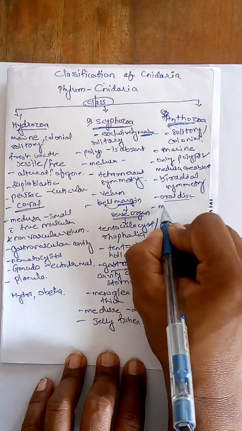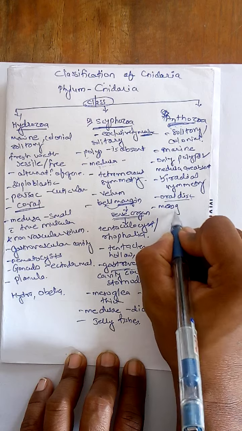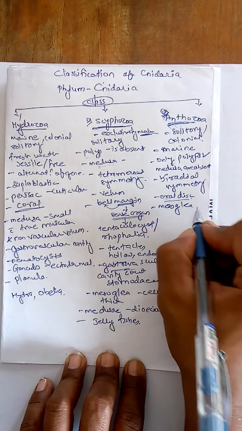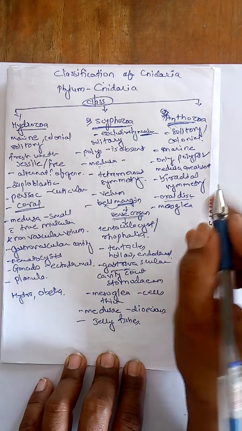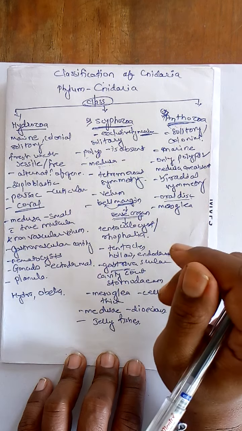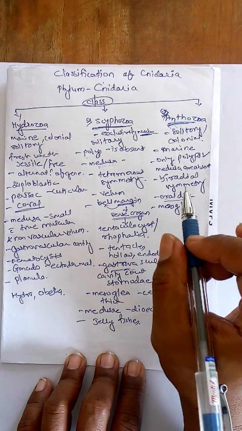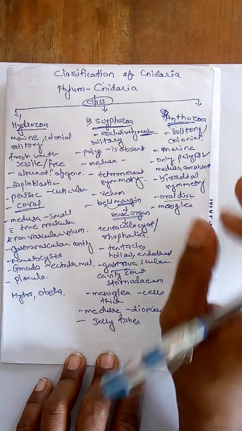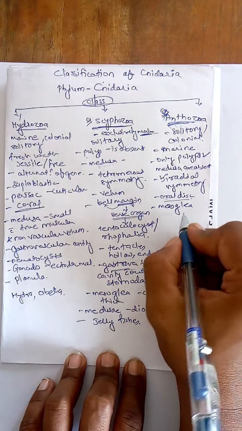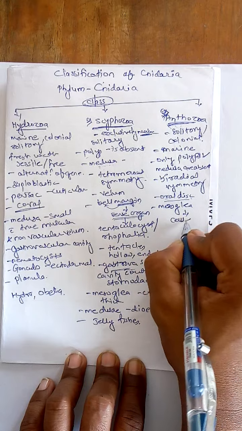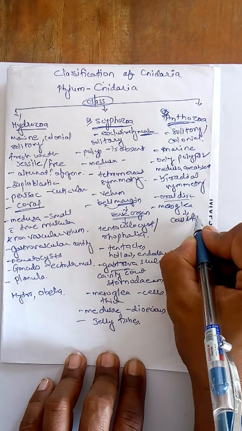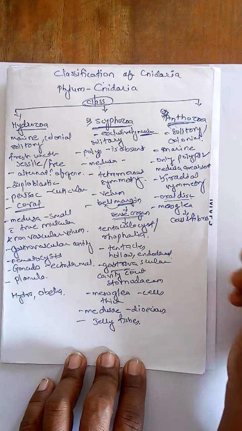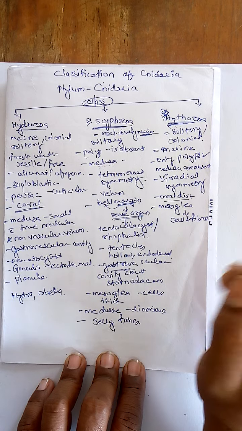Then the next one, the mesoglea, which possesses cells and fibers in a gelatinous matrix form.